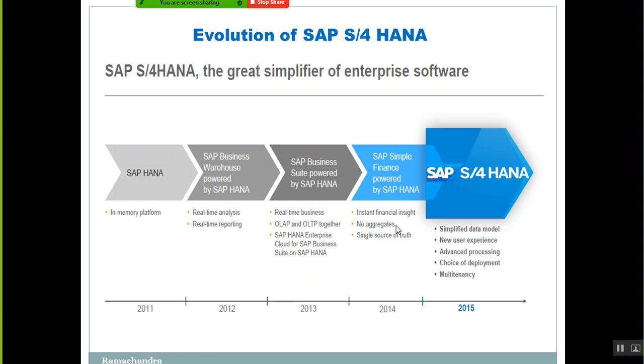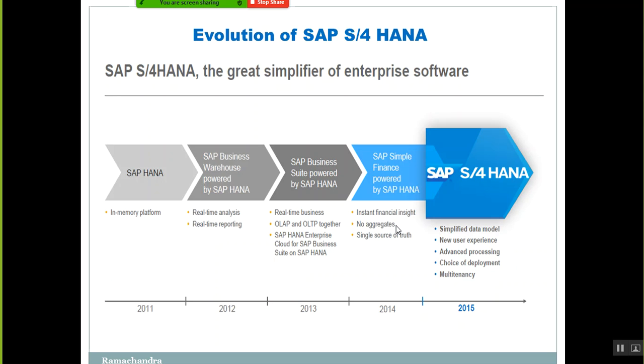Once finance was stabilized to some extent, they optimized and simplified it with the help of data modeling and the HANA database server. Then they simplified other modules also, or in SAP S4 HANA terminology, other lines of business, other LOBs.